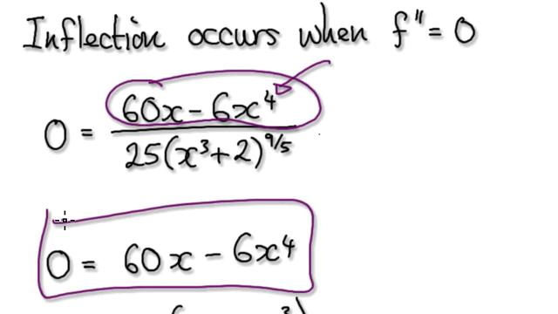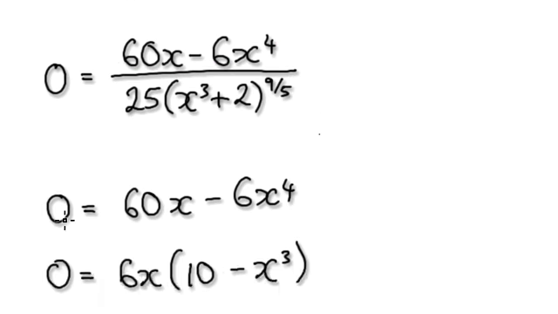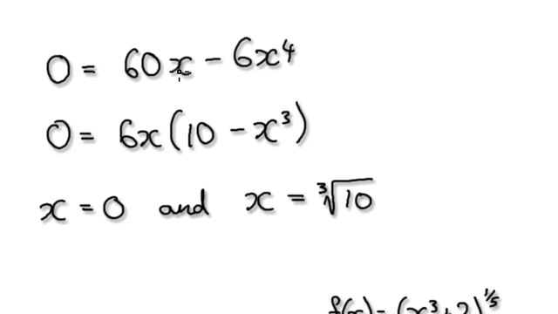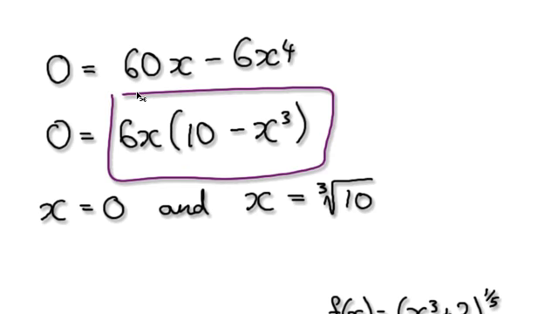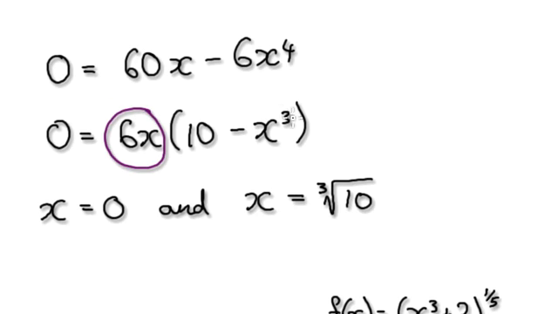Okay, so that will then take you to here, and then looking at this, factorize it. It will then give you this. When you're here, when will this equal 0? This equals 0 when this thing is 0, or when this thing is 0 here.